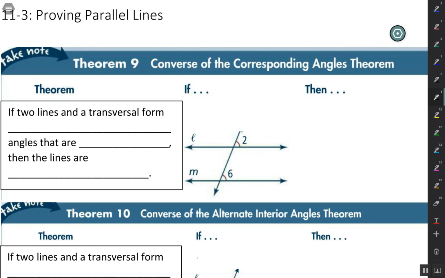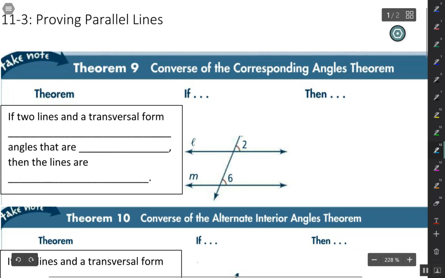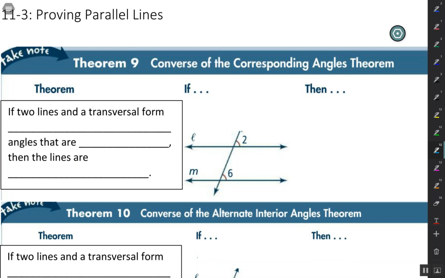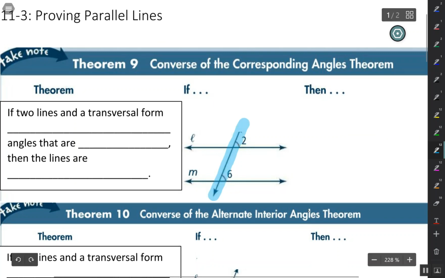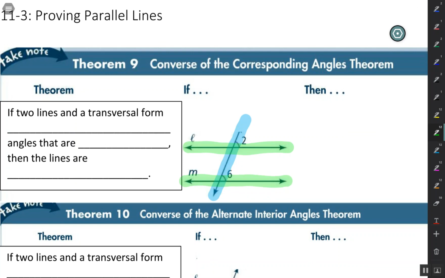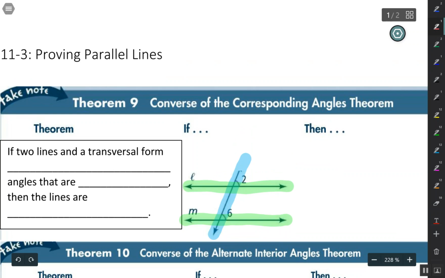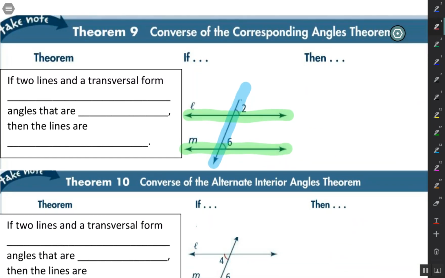So we saw with the regular corresponding angles theorem that if we have our transversal, so remember a transversal is a line that intersects two other lines, these lines, and those two lines are parallel, then all pairs of corresponding angles, such as angle 2 and angle 6, would be congruent. So we're doing it backwards now.